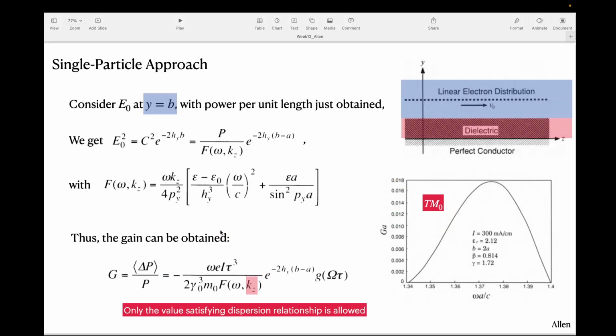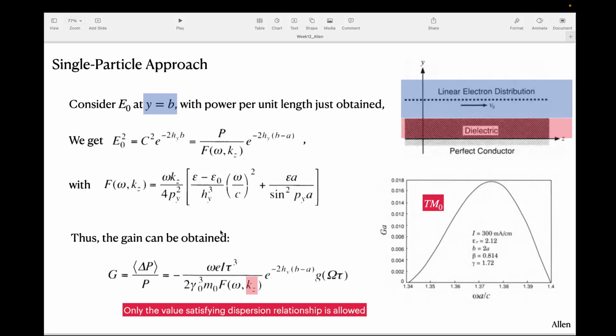So that's it. Today we first introduced the boundary condition, and then we tried to find the power transfer from the electron beam to the EM wave.